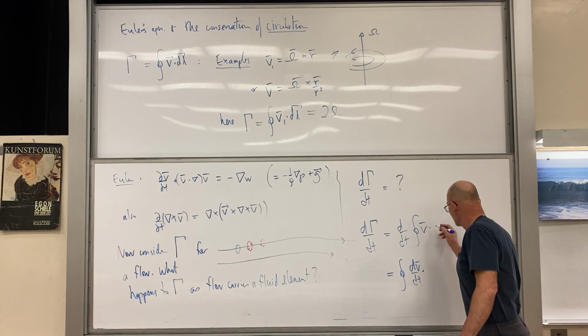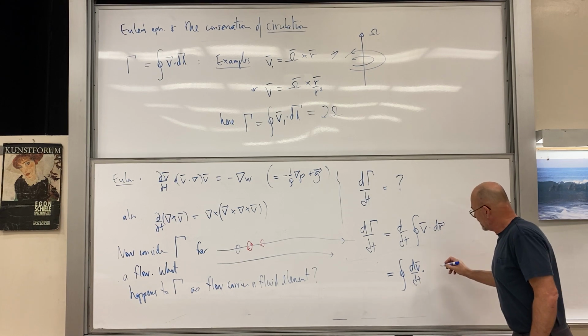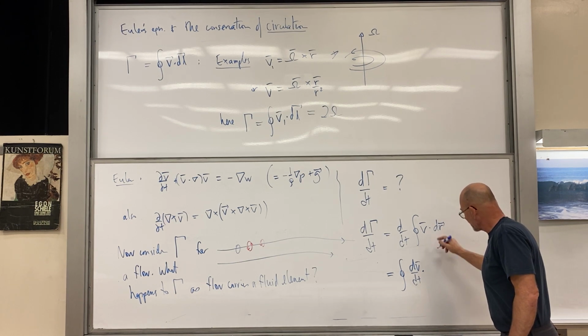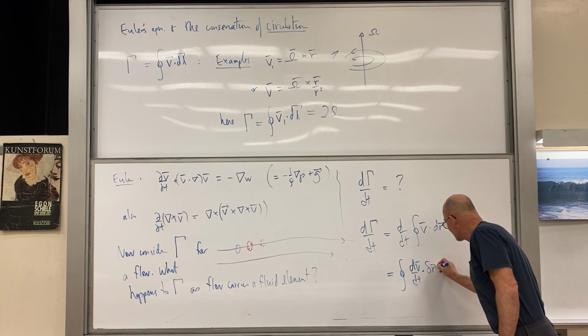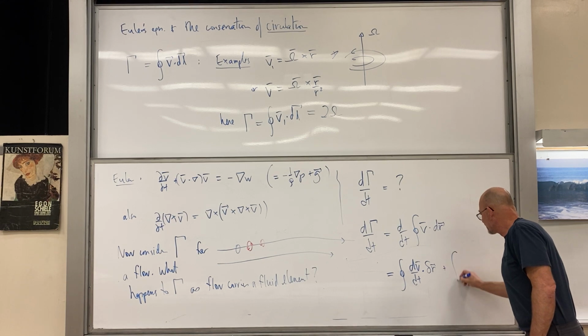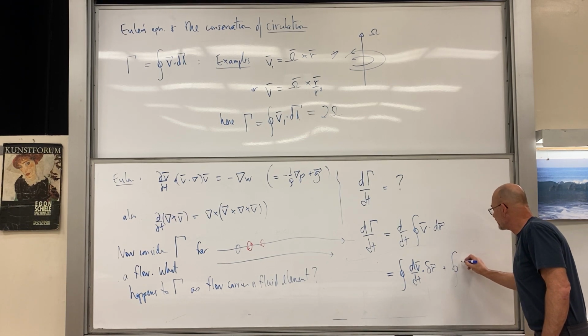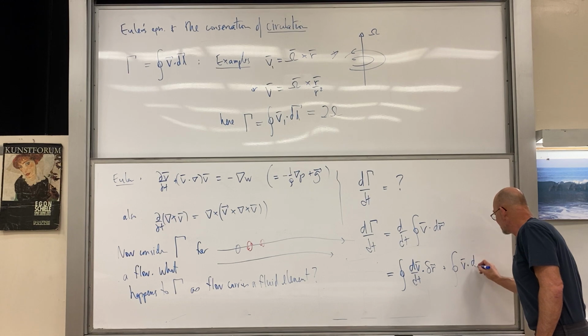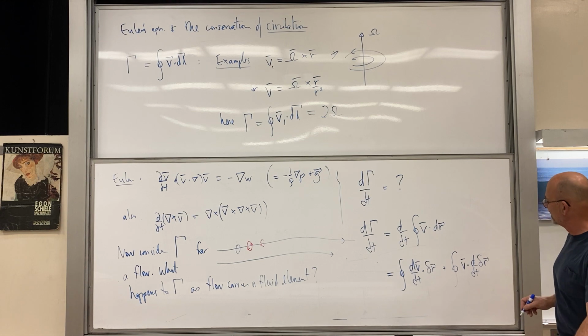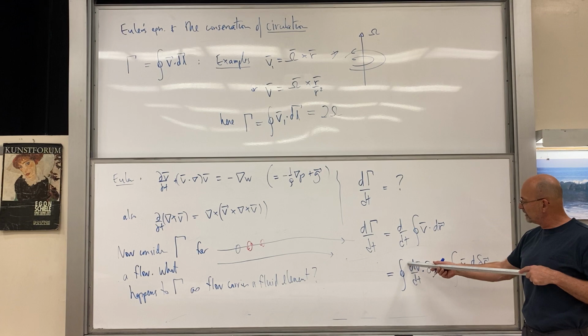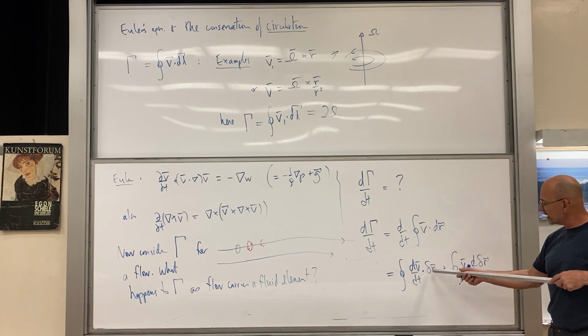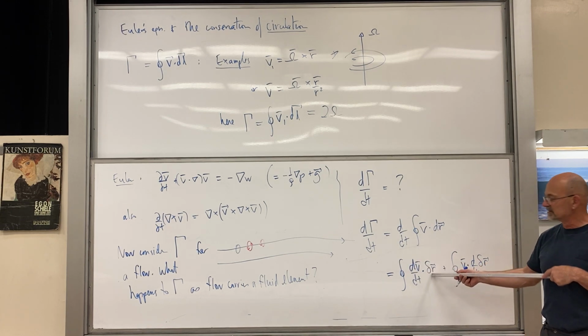So we can call it what we want, right? dr. But I'm going to write this as a dr plus integral v dot ddt of this dr. So what I'm doing is just differentiating between time derivatives for which I use d and spatial derivatives for which I use this del.